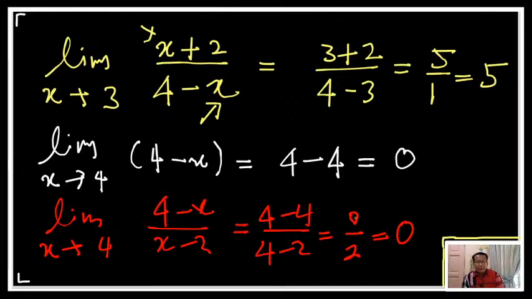If the numerator is 0 and the denominator is not 0, you get the answer. If the numerator is not 0 and the denominator is 0, this one does not exist. But if you have 0 over 0, then you need to do something in order to solve the limit.